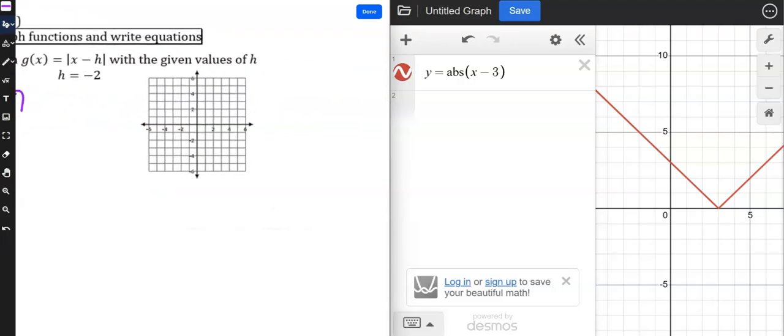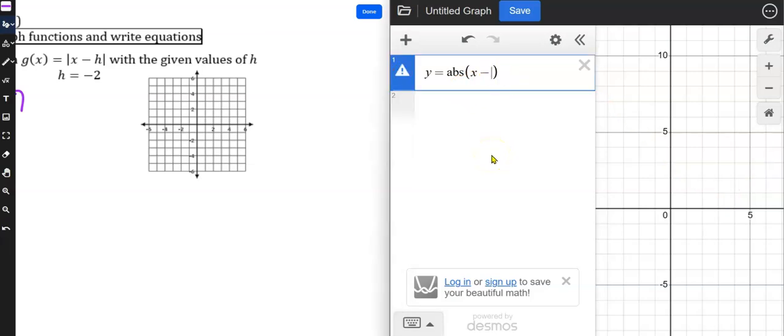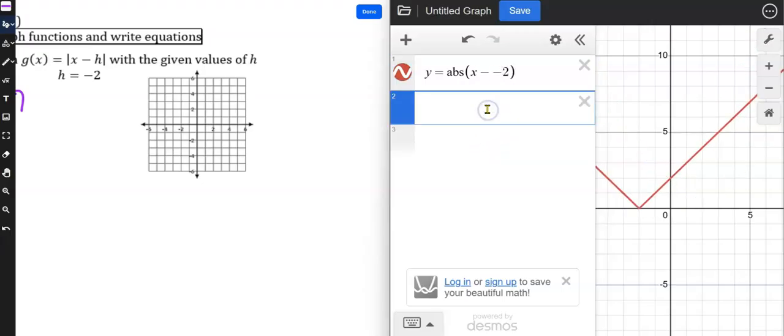All right, so let's see what happens when I put in a negative 2. So I've got my x minus, now I'm going to put in a negative 2. Now, for those of you who are saying to me, well, Mr. Stailey, isn't that the same as plus 2? The answer is correct. That's the same thing as a plus 2. So whether you do double minus or y equals absolute value of x plus 2, you're not going to notice a difference between those two things because they are the same.